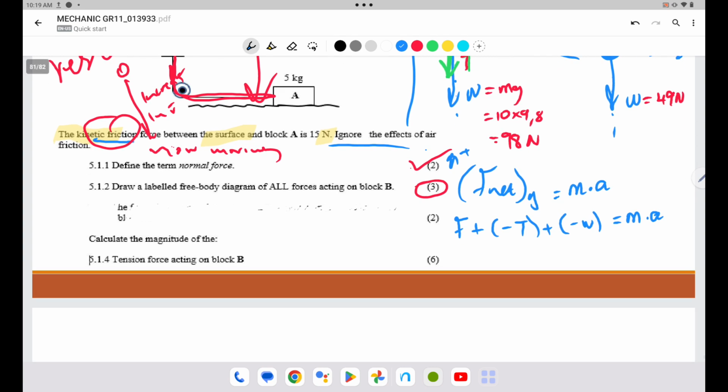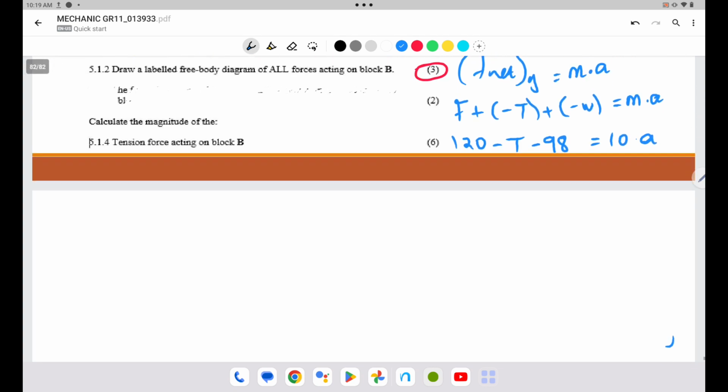Now I can sub in. I have 120 minus, I don't know the tension, minus the weight. I found it to be 98, equals 10 multiplied by the acceleration. Now I can simplify this nicely. Let me grab a calculator. 120 minus 98, I get 22.